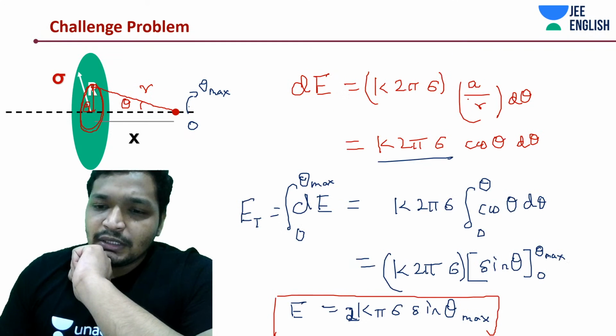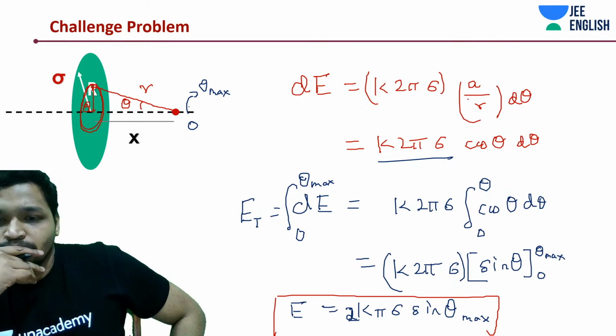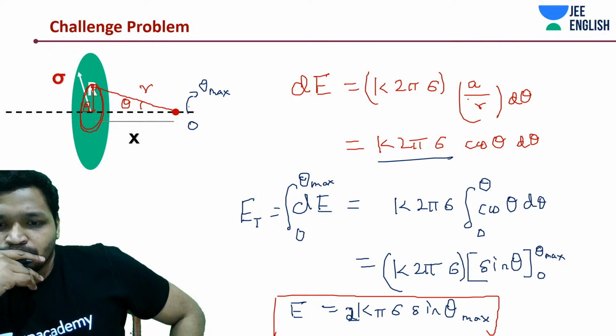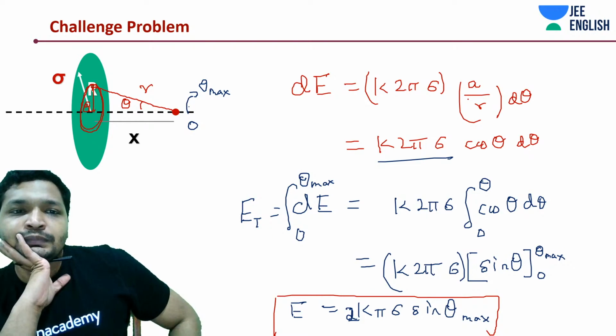I think we made a mistake somewhere, right? Where is it going wrong? Cos theta, that is correct.